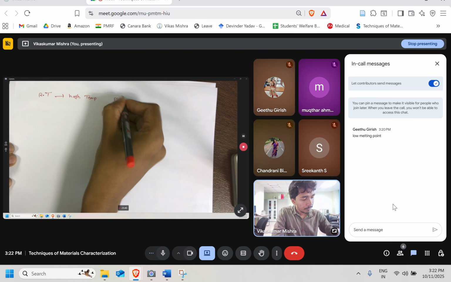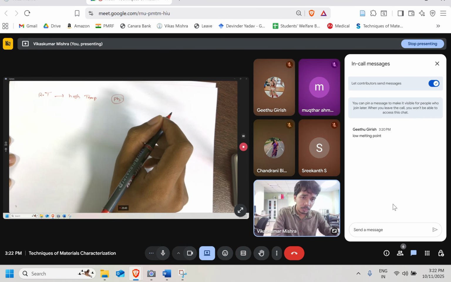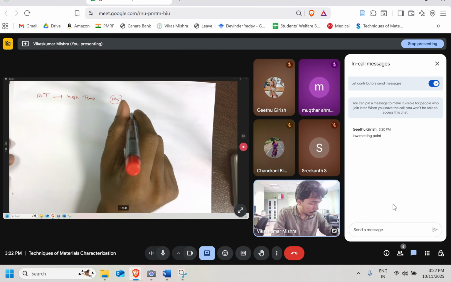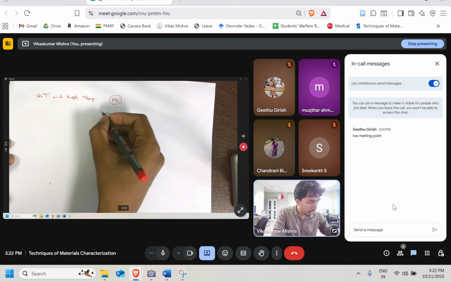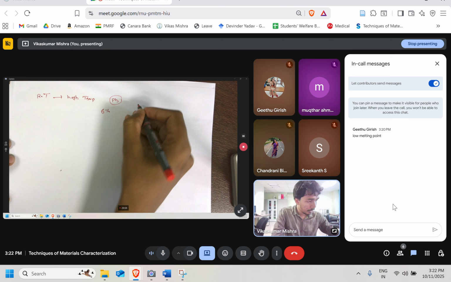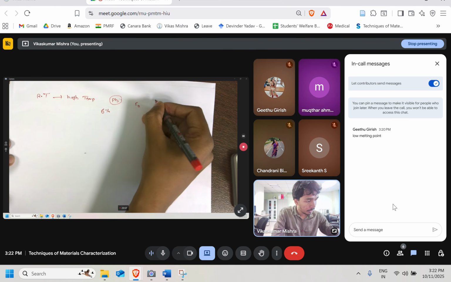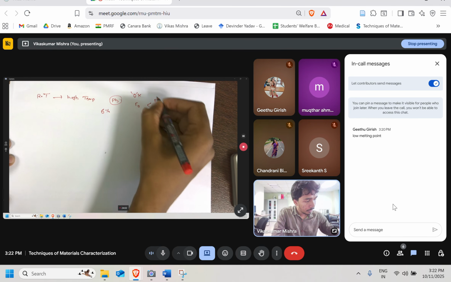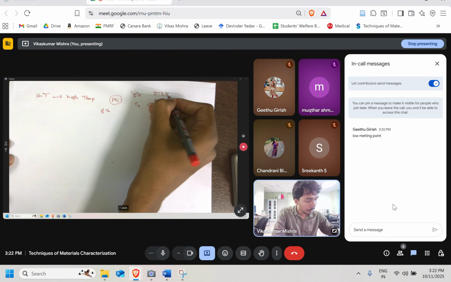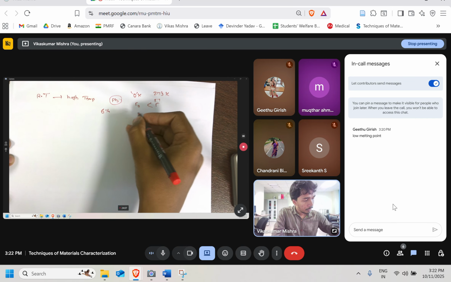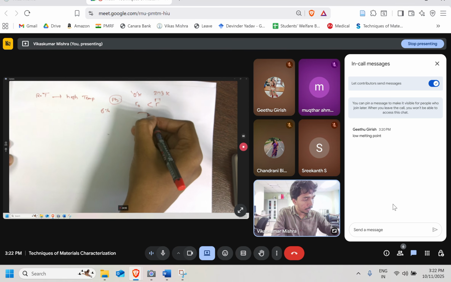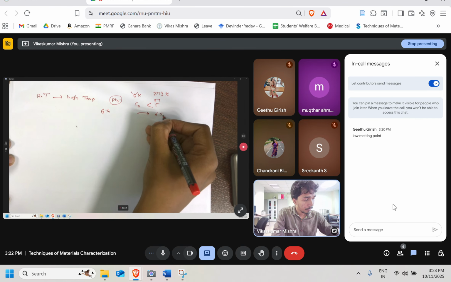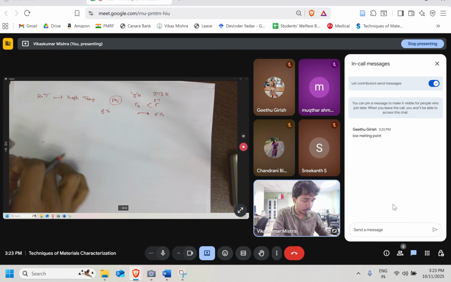For example, for lead, room temperature itself is high. In class we saw one example, I don't remember which, where at room temperature there is a 6% displacement from what was supposed to be R naught, and it went to a higher R. R naught is at 0 Kelvin, and this is at 273 Kelvin, which is room temperature. So if the increase in displacement is about 6%, that is also going to affect our d spacings and all.